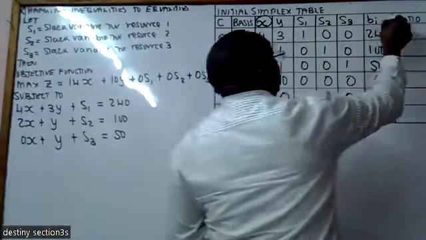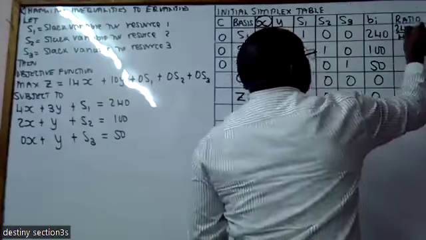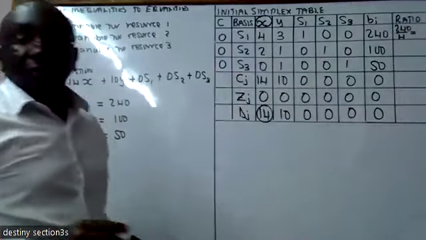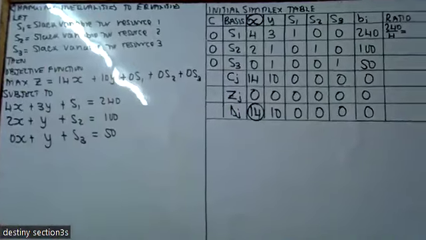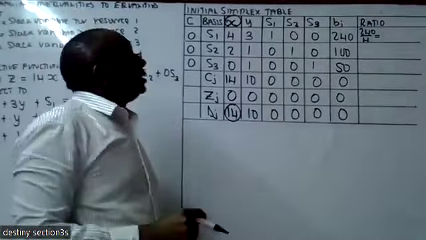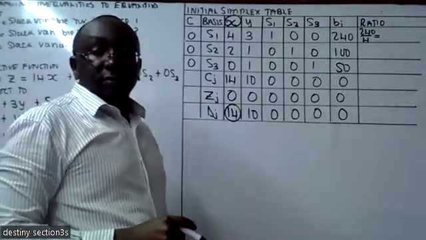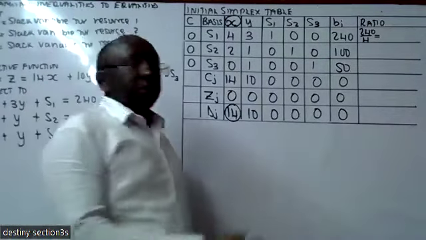So now, this will be 240 divided by 4. Tell me, 240 divided by 4 is what? You can speak or chat. It is 60.